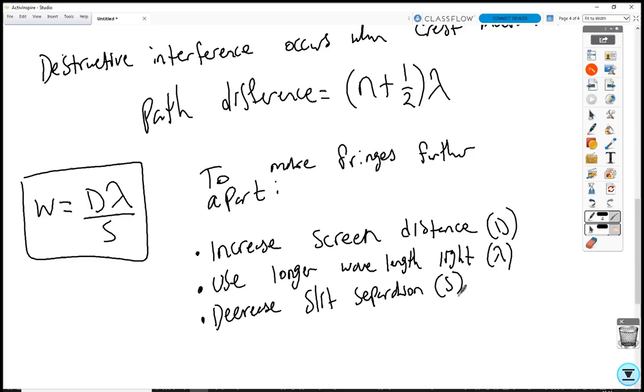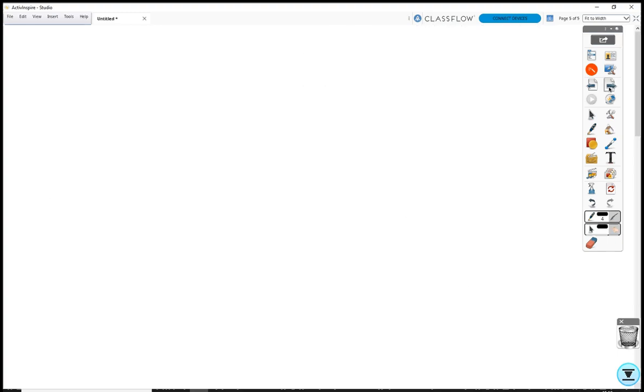And then we'll finish off by looking at single slit diffraction patterns. So single slit diffraction patterns gives us something called an airy disk.